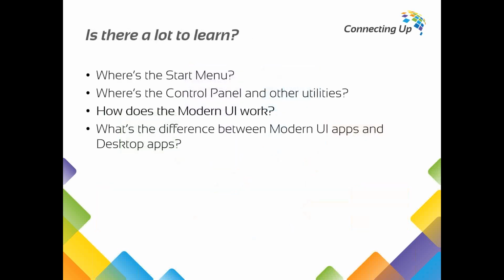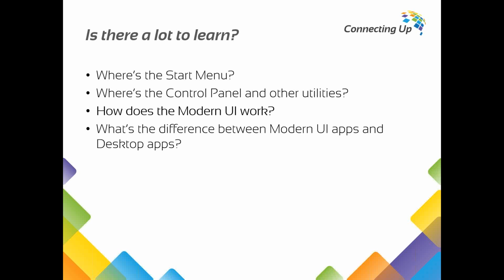All right, so some of the big questions that a lot of people have been asking about shifting to Windows 8.1 is, the first is, where's the start menu and what's the deal with the modern UI apps or these different apps? We'll have a look at those. Where's the control panel and how can I edit, say, the finer settings for my computer? Have they all gone, or where do I find those?